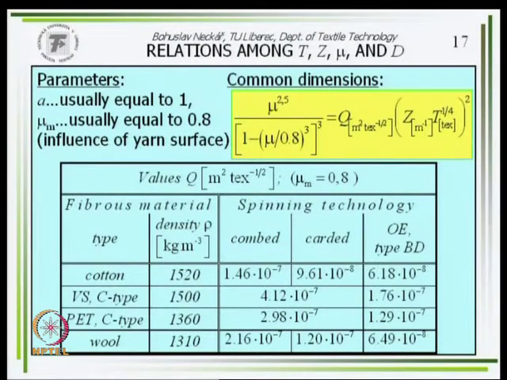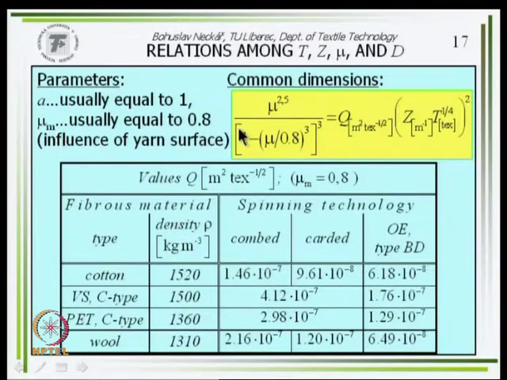Because in each yarn, although a very hard twisted yarn, in the vicinity around the surface of the yarn, the packing density is smaller. Then the mean value of packing density, also in hard twisted yarn, is a little smaller. It's not too near to value 1. Therefore, based on our experiences, we can recommend to use in the place of mu m 0.8, and for A, also based on our experiences, value 1, so that we obtain this expression which we use practically.